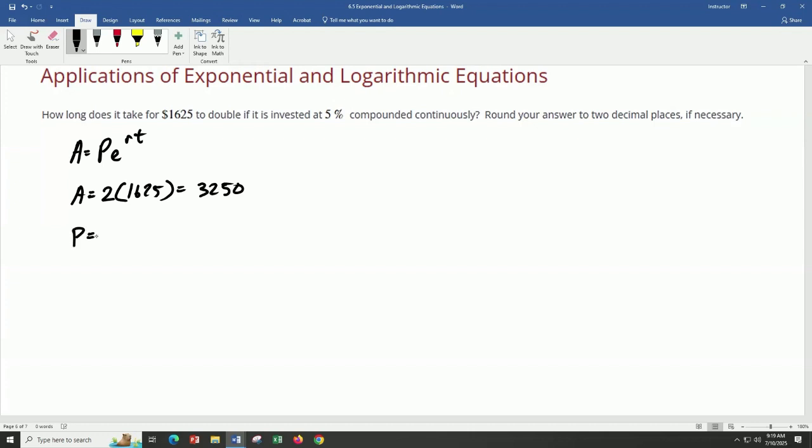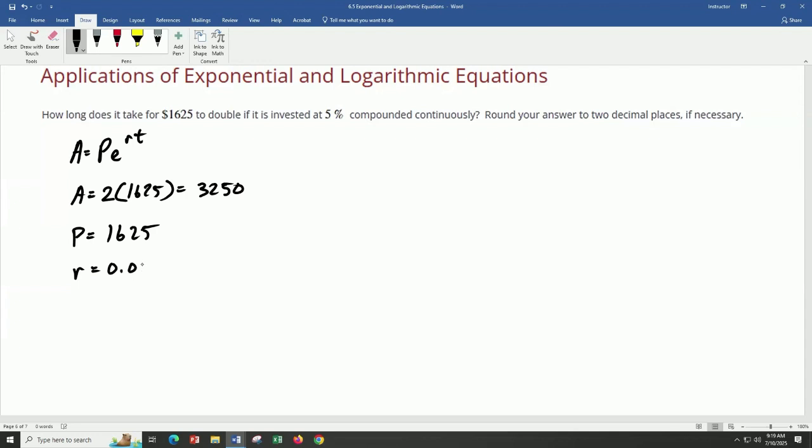They also give me my principal, which is 1625. Am I right? That's the amount of money I'm investing. I'm trying to see how long it takes to double. And they also give me a rate of 5%.